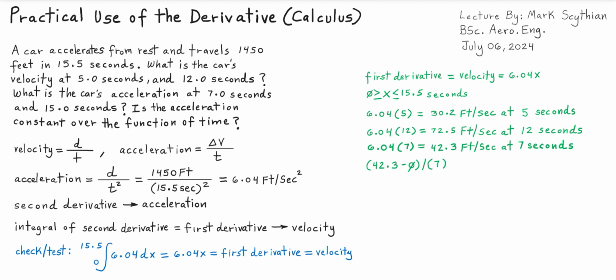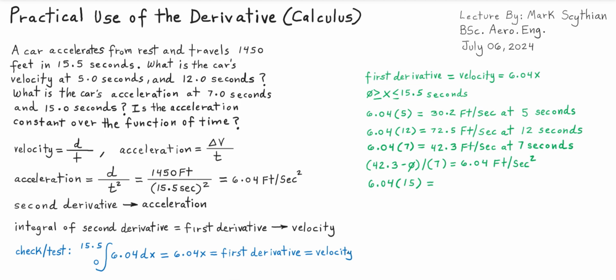Now if we solve for the acceleration, or the change of velocity, so the final velocity at 7 seconds is 42.3 feet per second minus the rest velocity of 0, delta v, then divided into 7 seconds for the acceleration. We calculate 6.04 feet per second squared at 7 seconds.